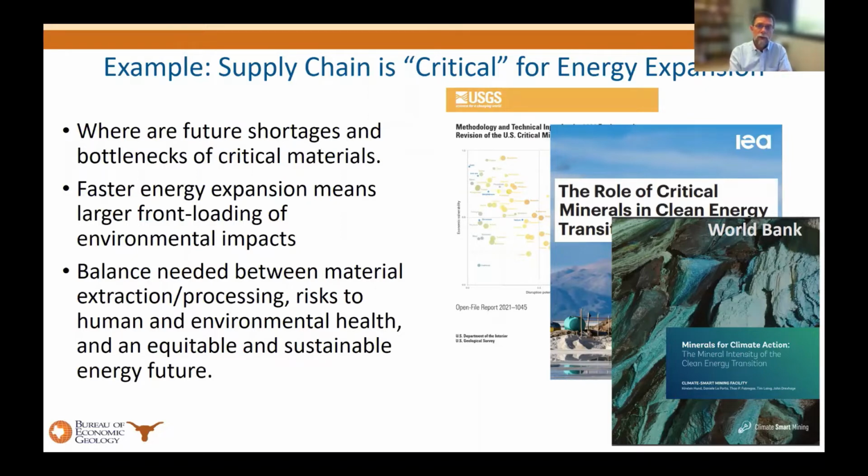When we start really rolling out renewables, wind and solar particularly, these are going to require industrial processes to build. So we're going to be really front loading a lot of the environmental impacts when we build the infrastructure for renewable energy.